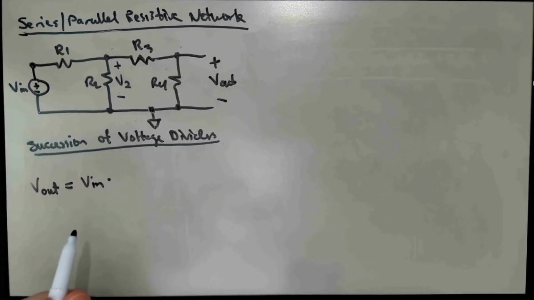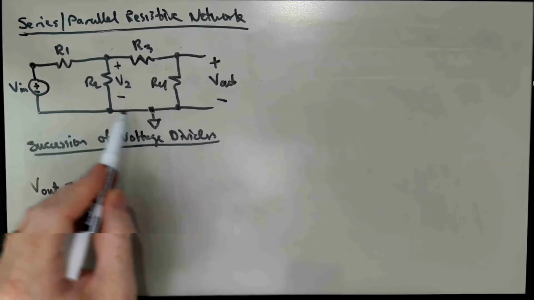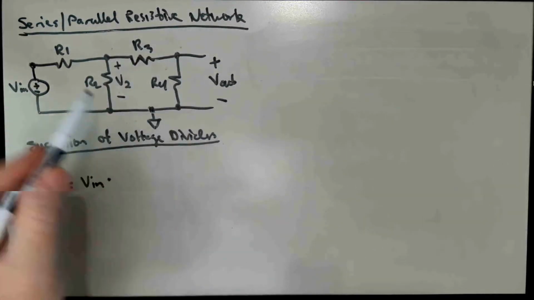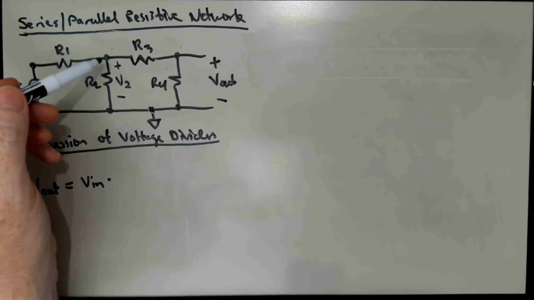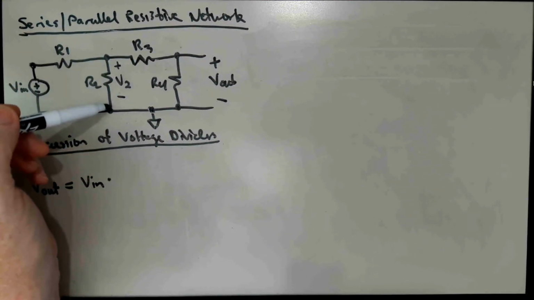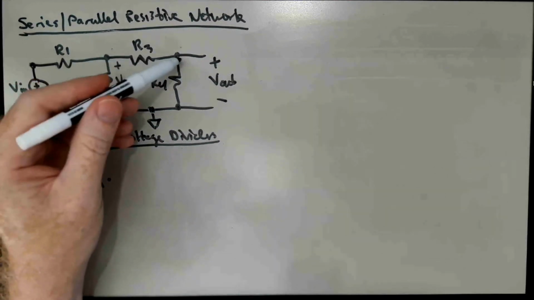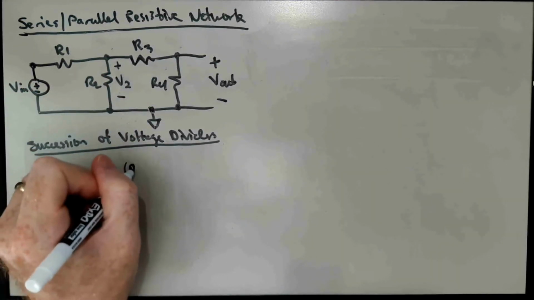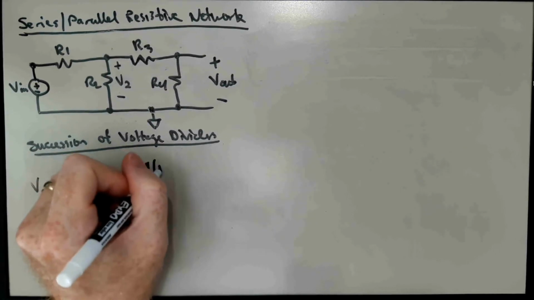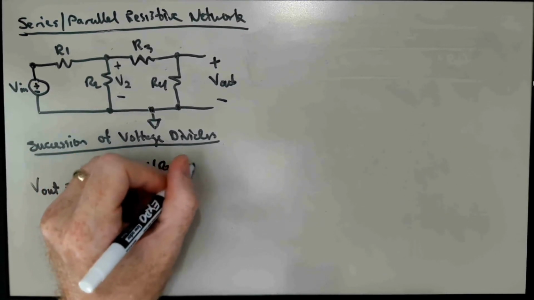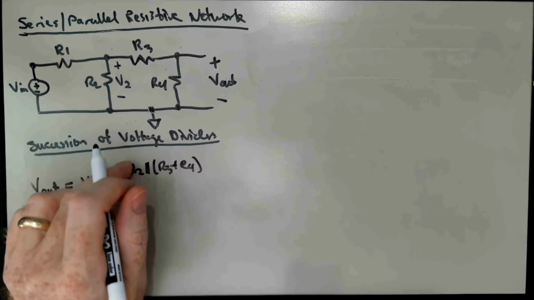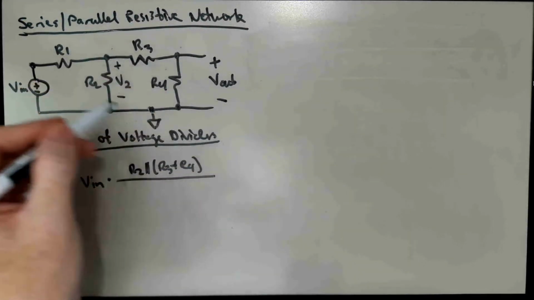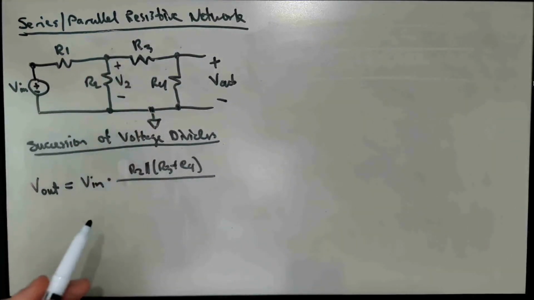times, well, let me do this collapse here. So this set of three resistors I can collapse into a single equivalent resistor whose value is R2 in parallel with R3 plus R4. And that's in the canonical R2 position in our two-way voltage divider.